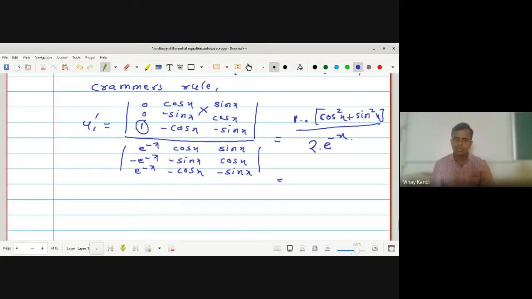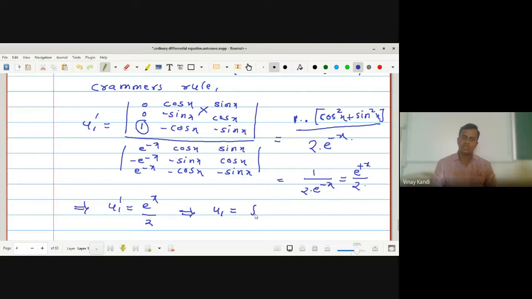So here we get 1 upon 2 into e raised to minus x, which is equal to e raised to plus x upon 2. Okay. So it implies u1 dash is equal to e raised to x upon 2, which implies integrating both sides, we get u1 is equal to integration e raised to x upon 2 dx is equal to e raised to x upon 2.